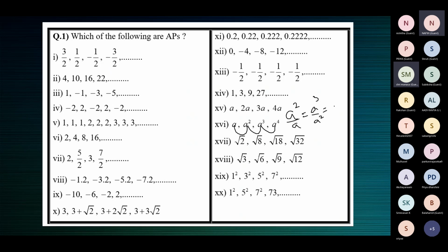A square by A is A. A cubed by A square. A to the power 4. When bases are the same and it's division, we need to subtract the powers. So 2 minus 1, 1.